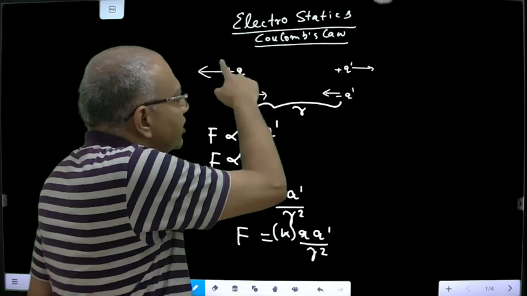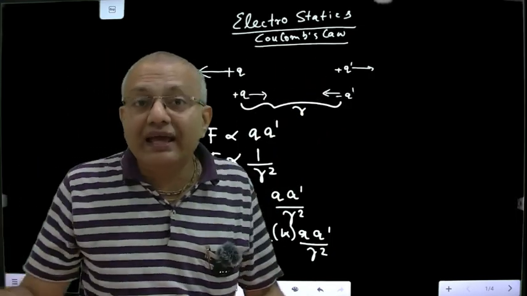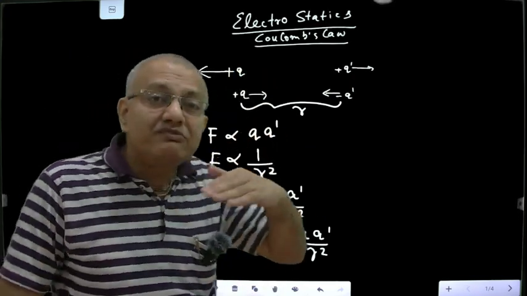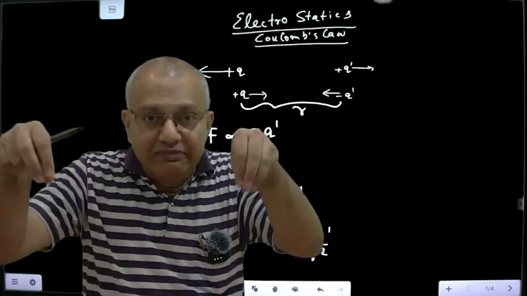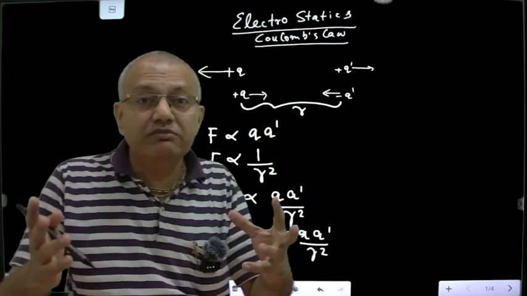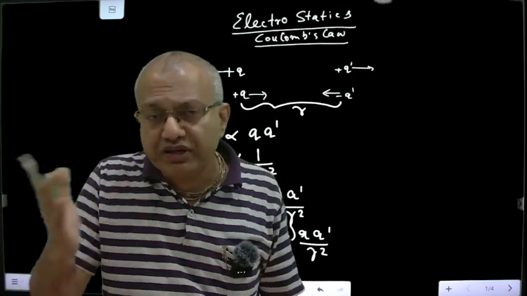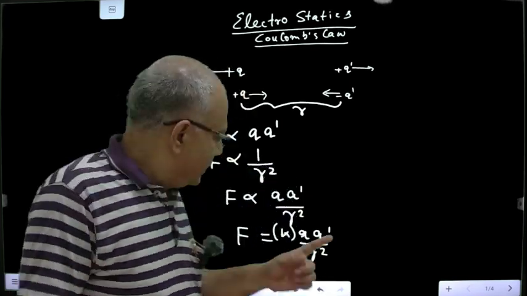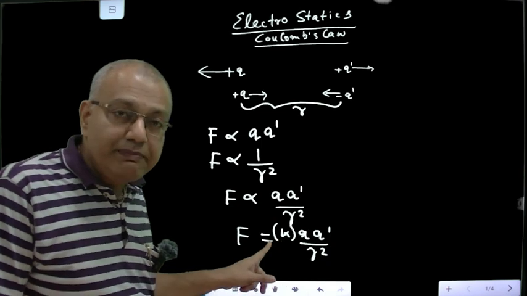I can place these two charges in air, in some chemical, or in some special gas. I can change the medium where the charges are placed. Naturally, this constant is dependent upon the medium.